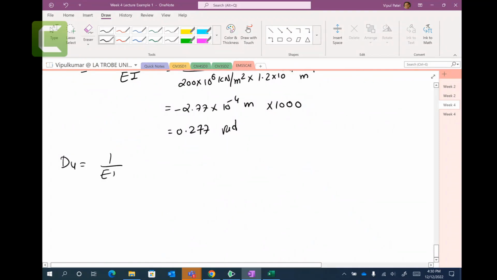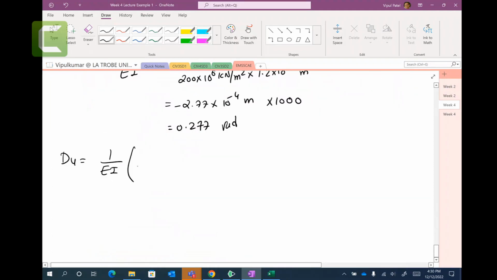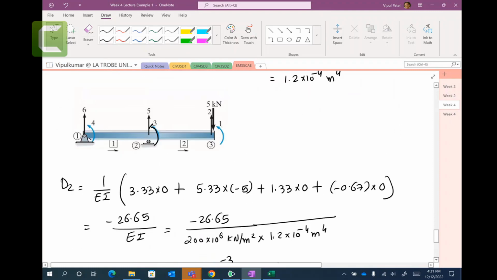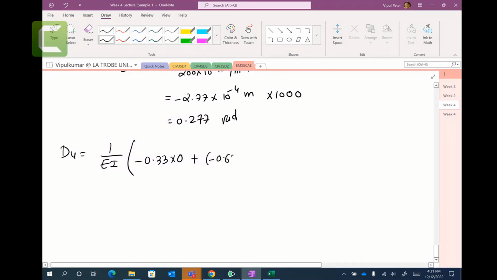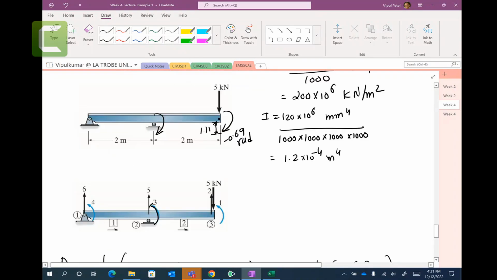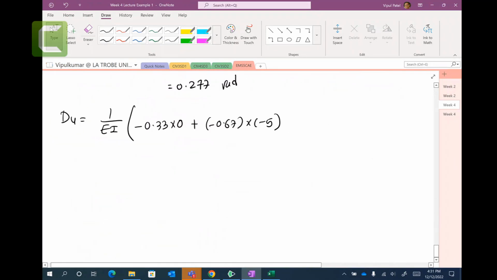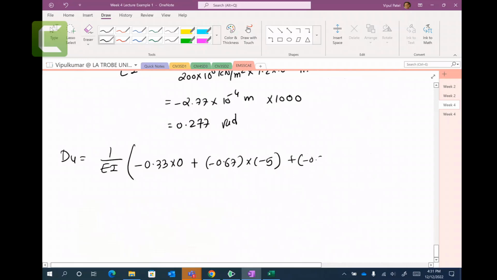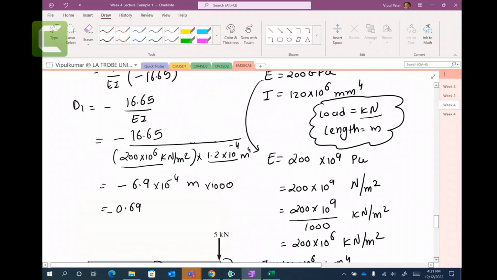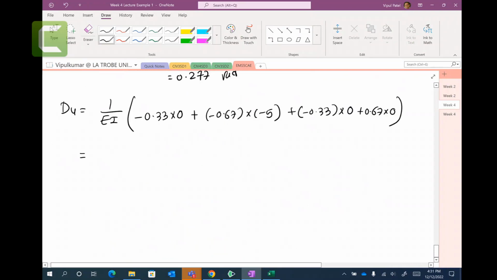Last one, D4. 1 over EI times minus 0.33 times 0, plus minus 0.67 times minus 5, plus 0.67 times 0, plus 0.33 times 0. It is equal to 0.67 times 5.